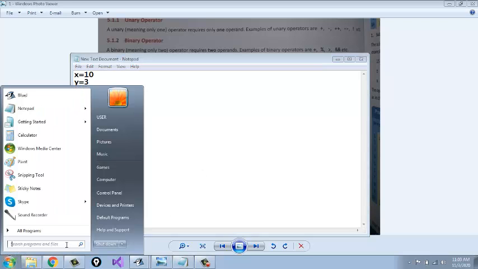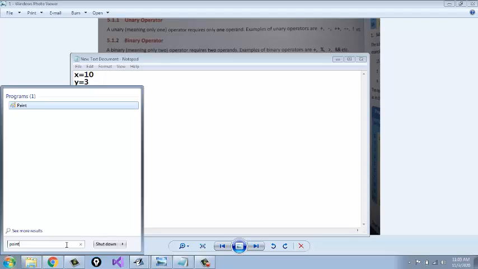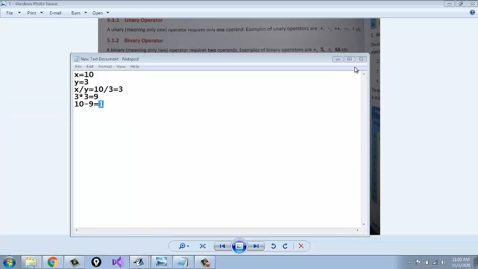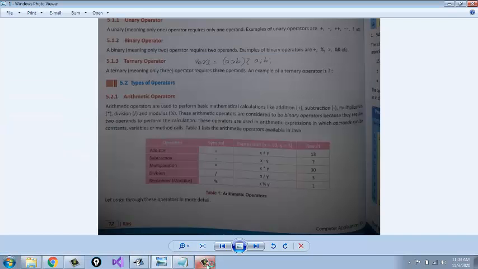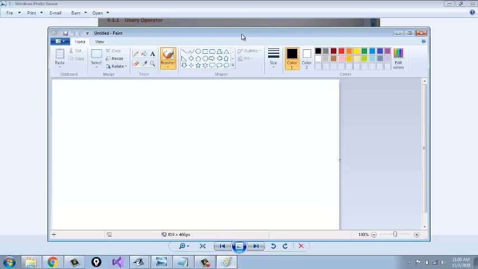I will show you on Paint so you can understand. See, how can we divide 10? We are dividing it by which number?